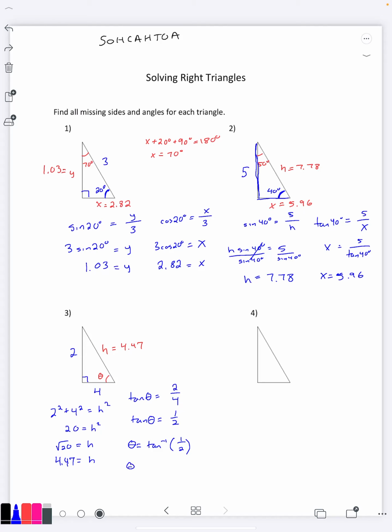it tells me that this angle is 26.57 degrees. So we're able to find out an angle here, 26.57 degrees. And once we know that one angle, we can say, okay, what else do we have here? So I could do 180 minus 90 degrees minus 26.57.